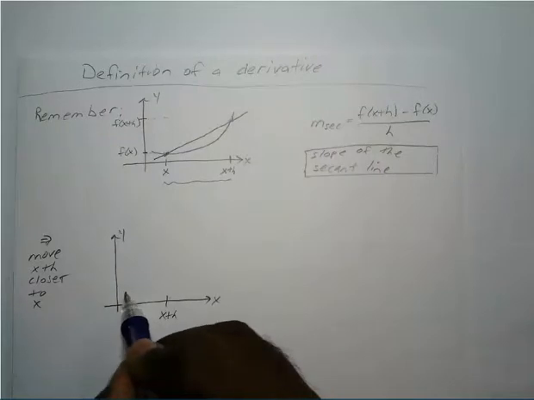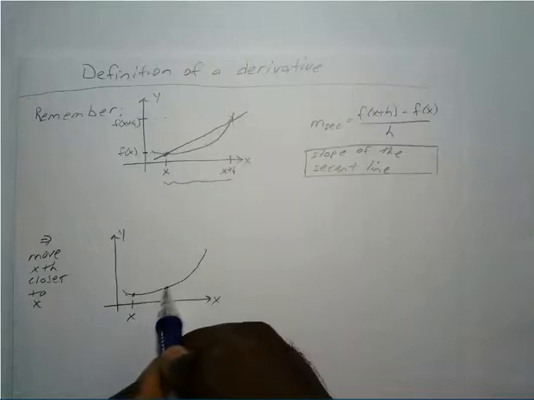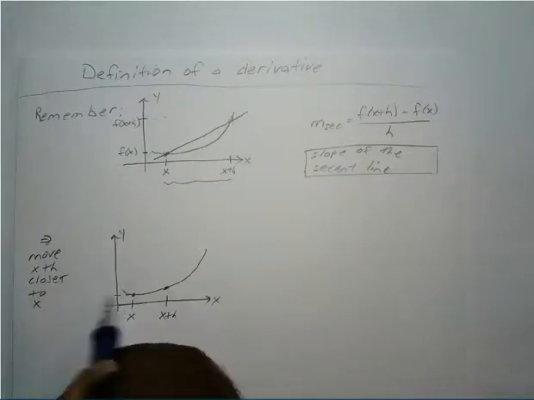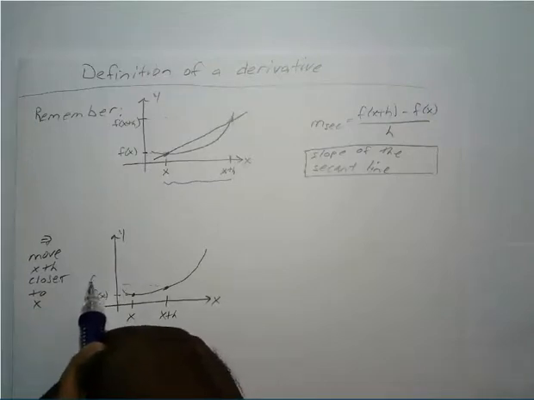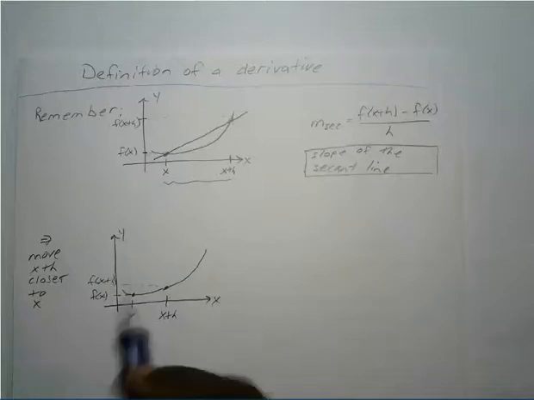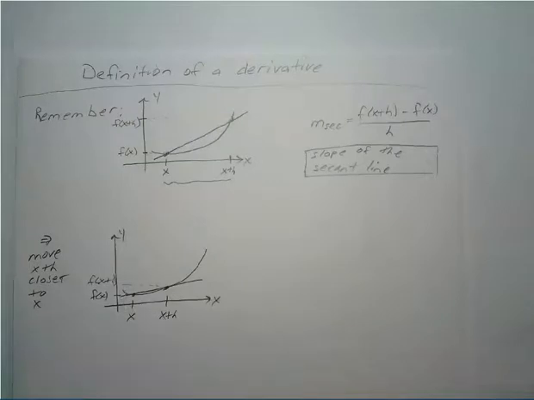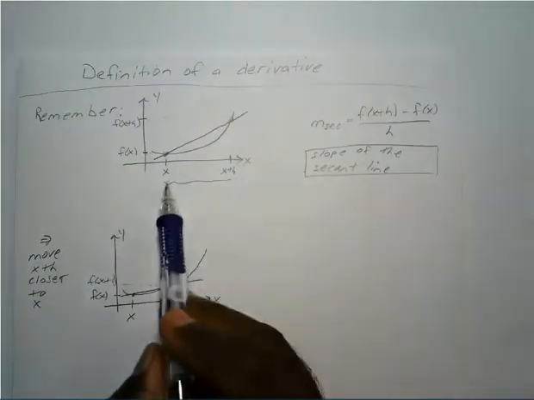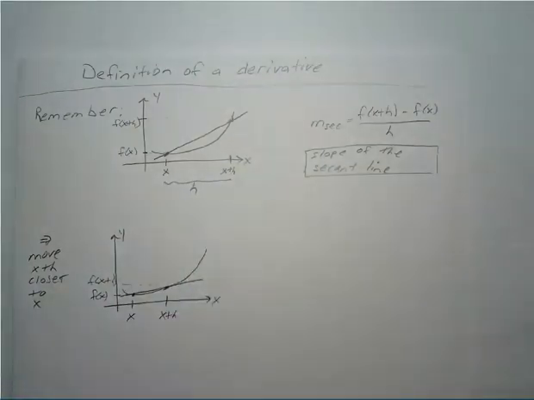We have the same graph here, so this is our f of x, and this is our f of x plus h, and this is our secant line. We see up here, the difference between x and x plus h is our h. Same here, that's our h.